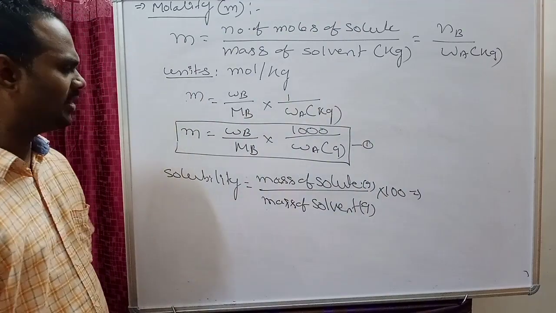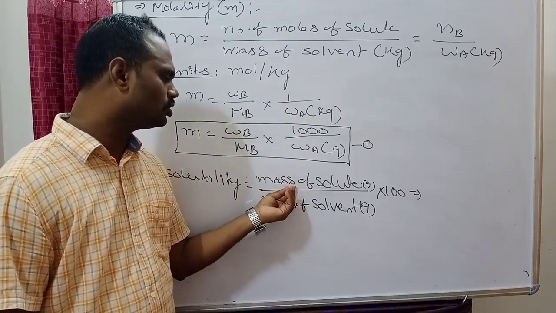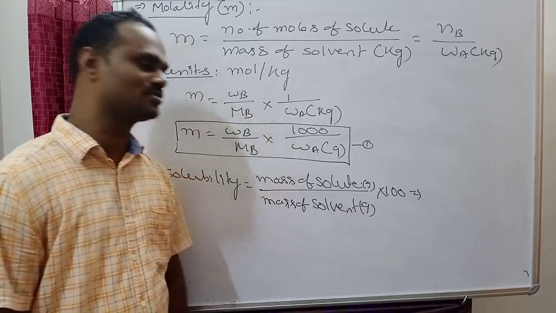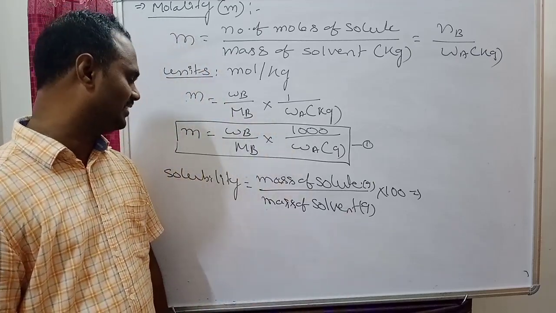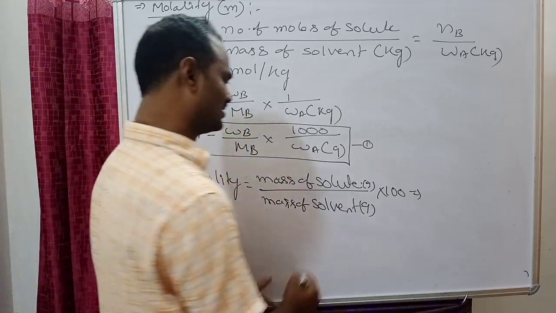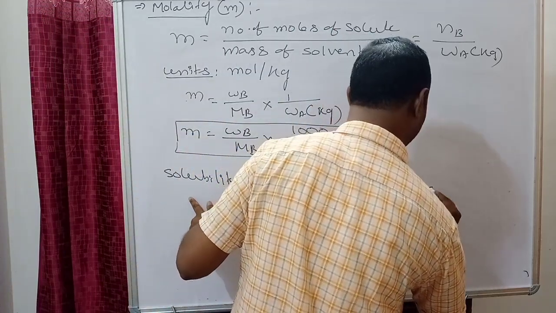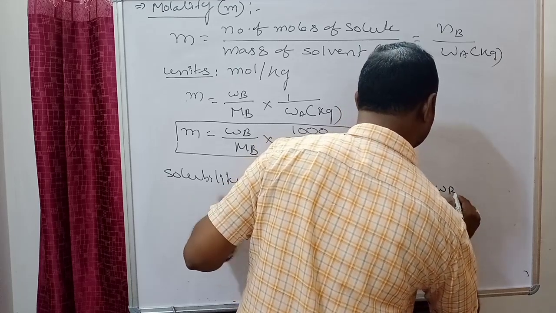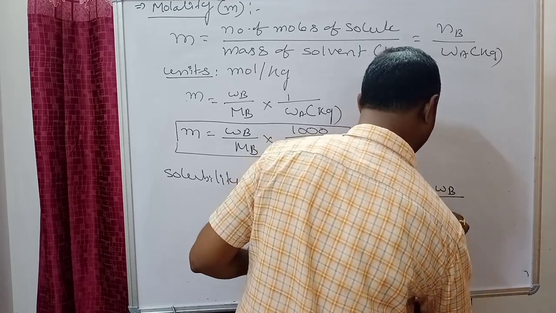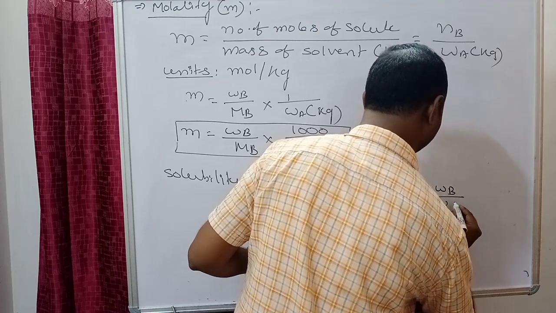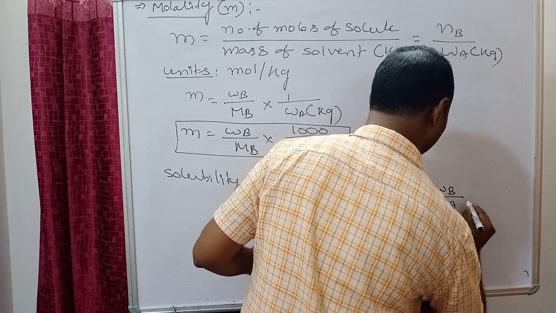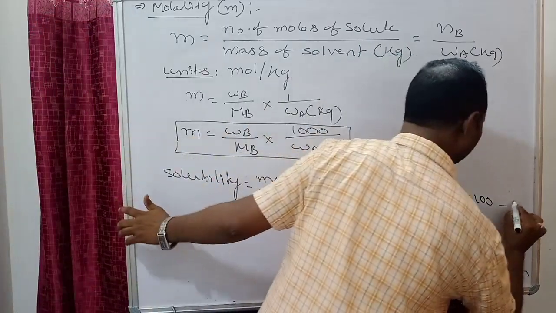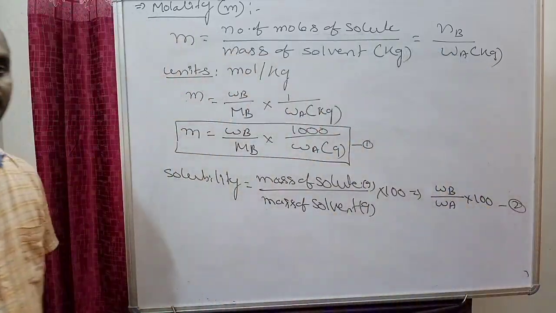Solubility means the maximum amount of solute in grams dissolved in 100 grams of solvent. Simply, what is the solubility formula? Mass of solute WB by mass of solvent WA into 100. This is considered as equation 2.